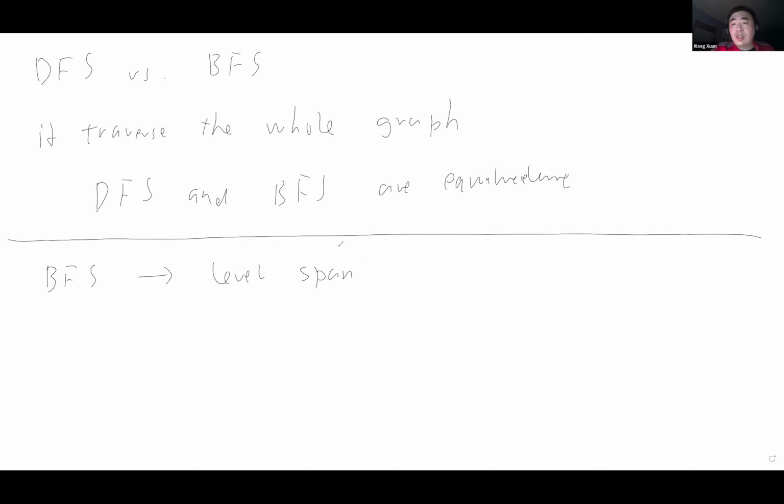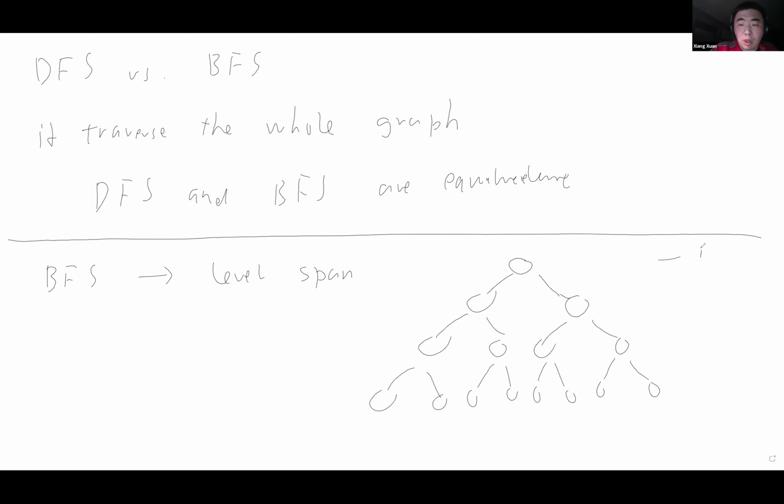This is easy to understand in the tree case. For example, I have a tree. You can think about this as level 1, this is level 2, this is level 3, this is level 4.